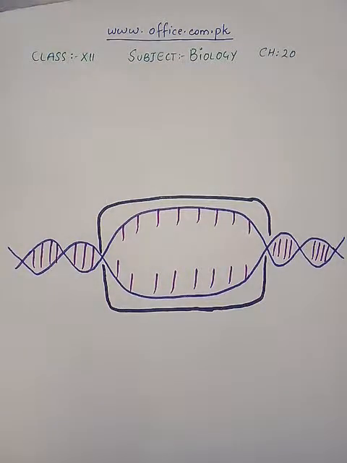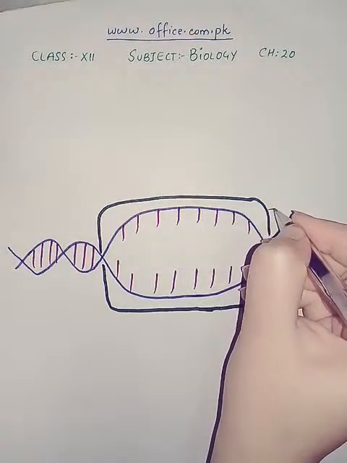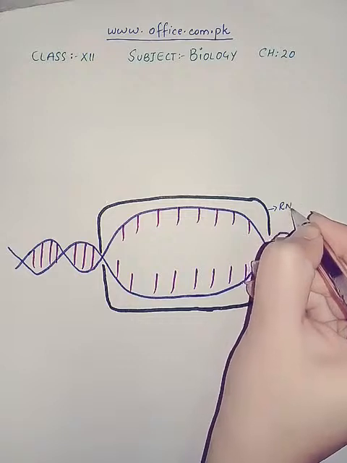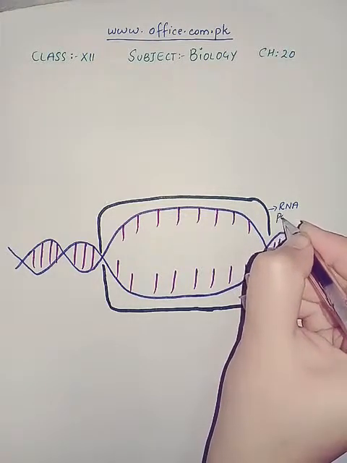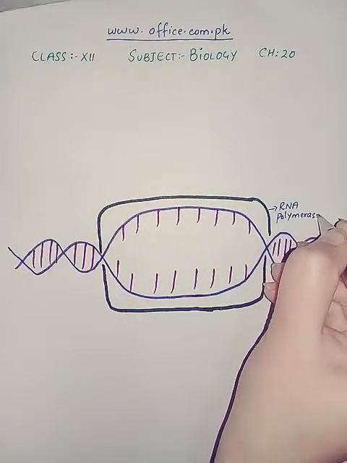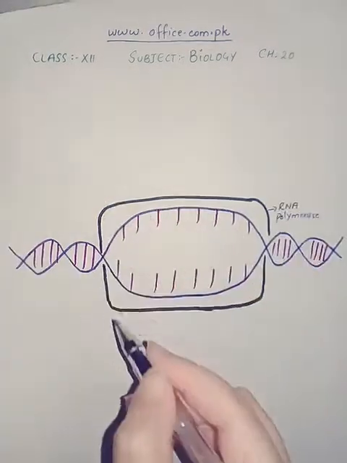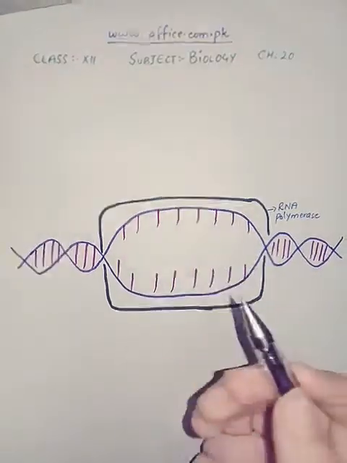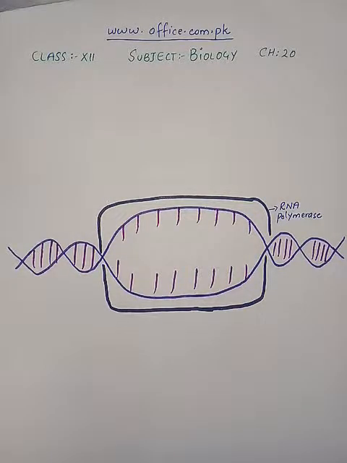This is the enzyme. This is RNA polymerase. This is a large enzyme which sits on the DNA at the point where the transcription is needed or is to start.